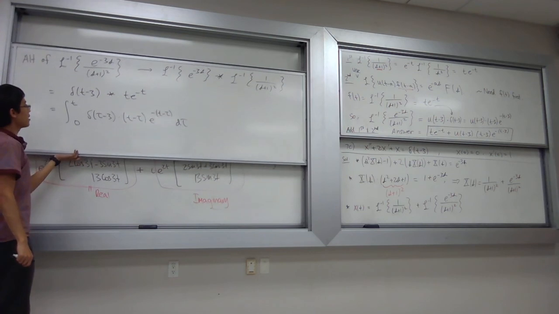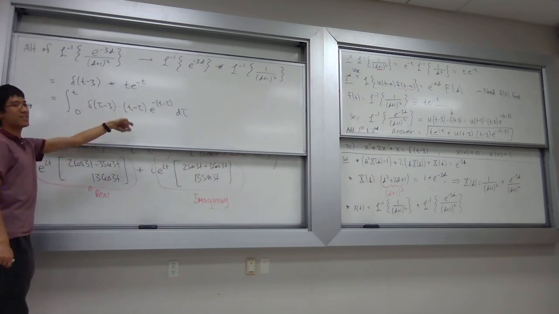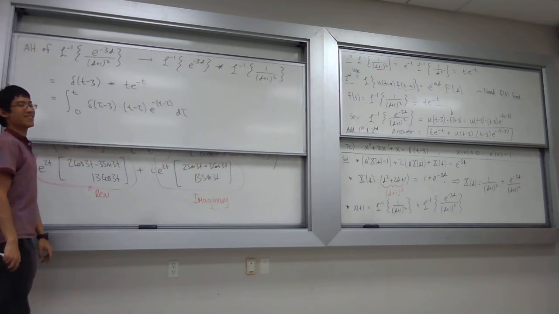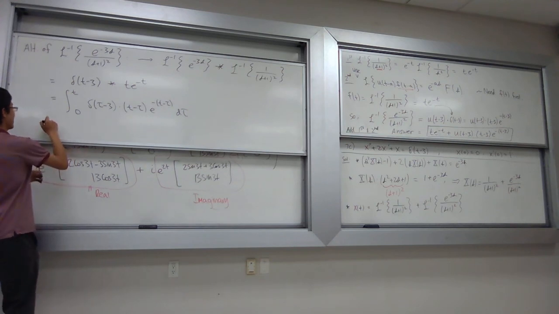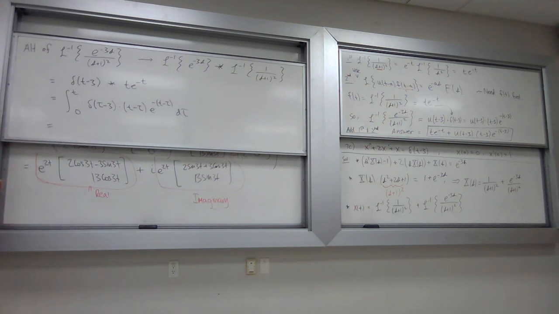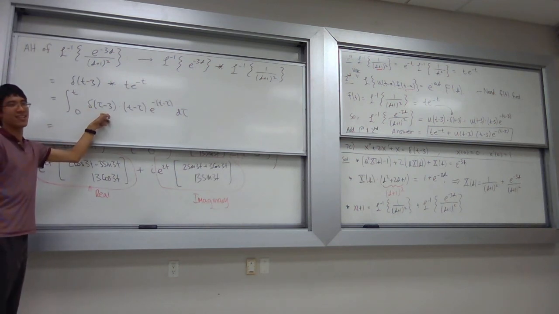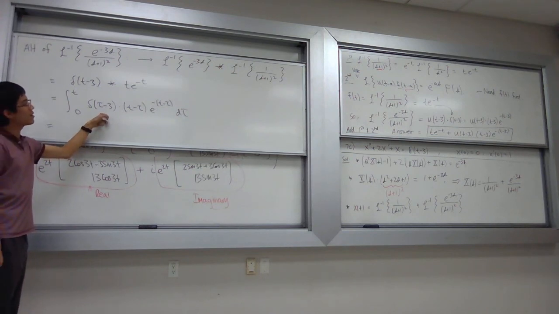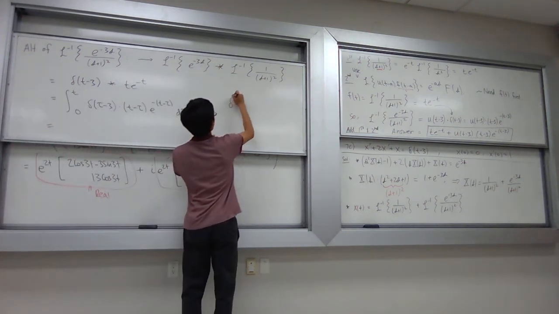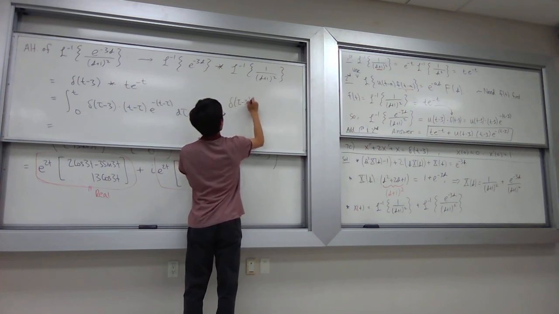So how does the delta function act on this integral? It does something really nice. Might be kind of a stretch. When is this not 0? Let's look at it on the side. Delta of tau minus 2.